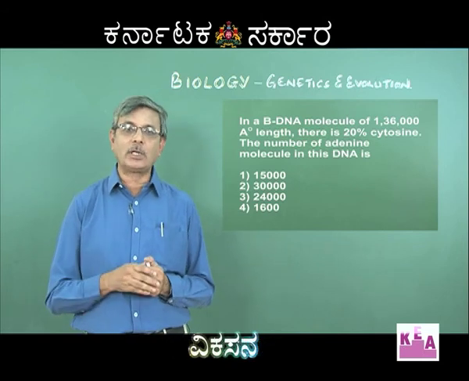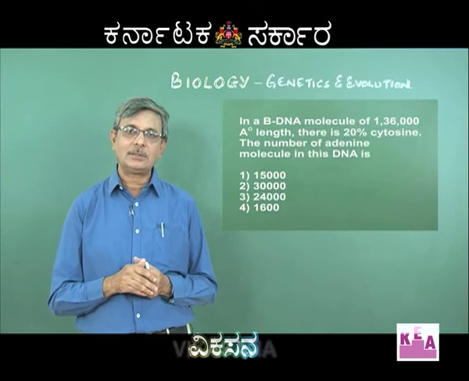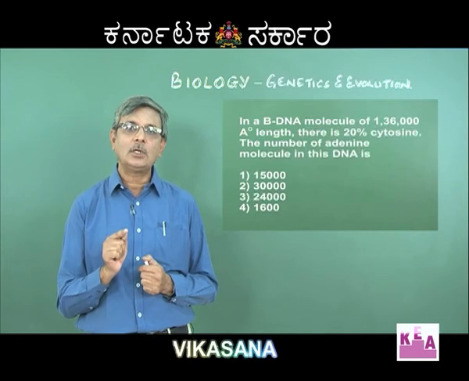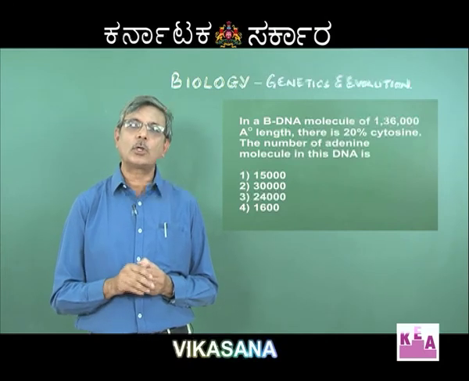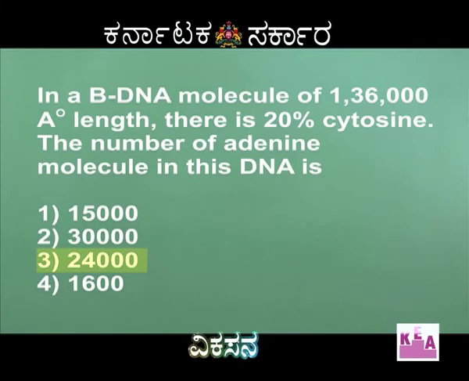Out of 80,000, adenine is going to be 30%. So 30% of 80,000 is 24,000. Thereby option 3 is the answer.